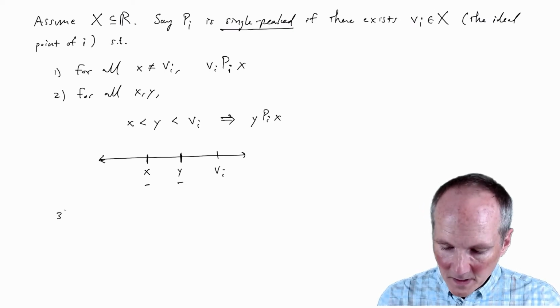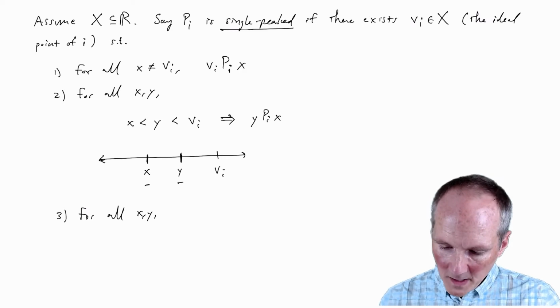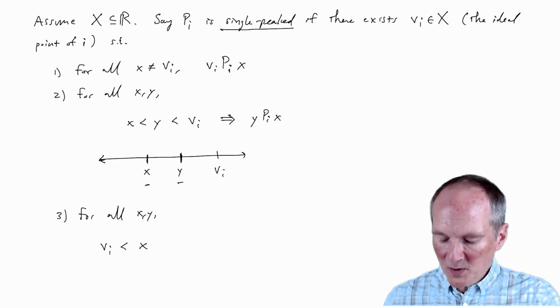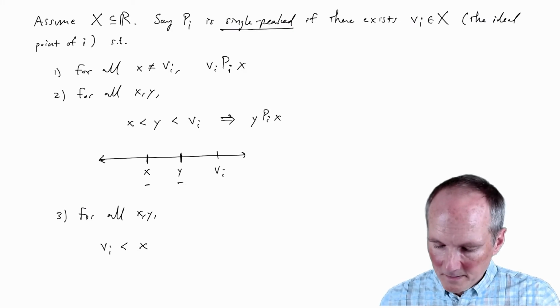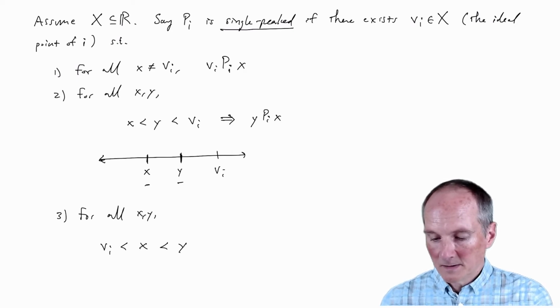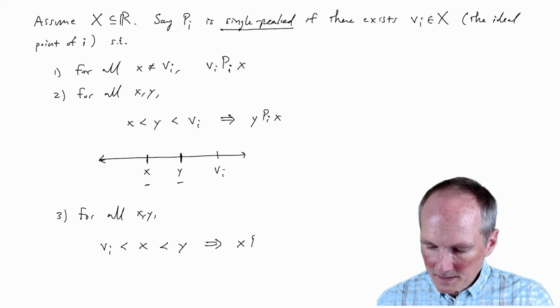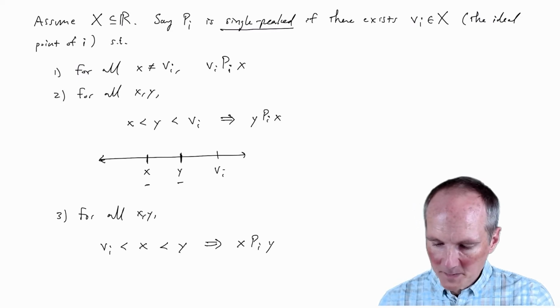And finally, the third condition is that for all x and y, if both alternatives are to the right of the ideal point with x less than y, then x is strictly preferred to y.